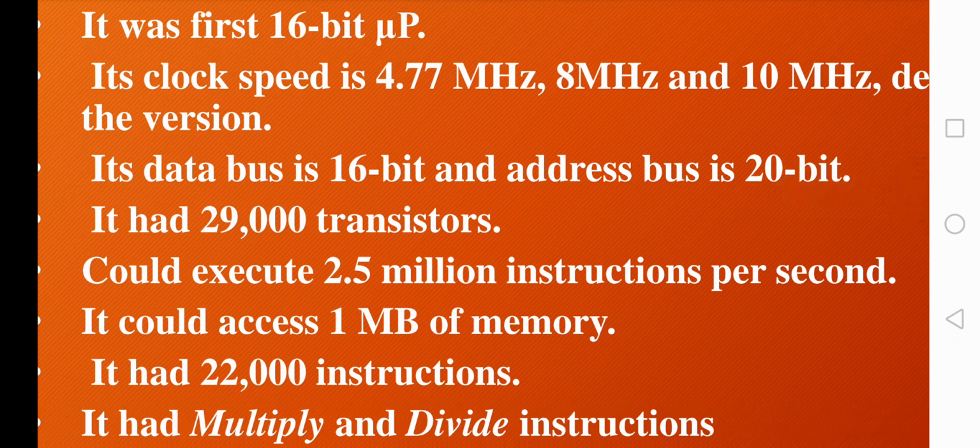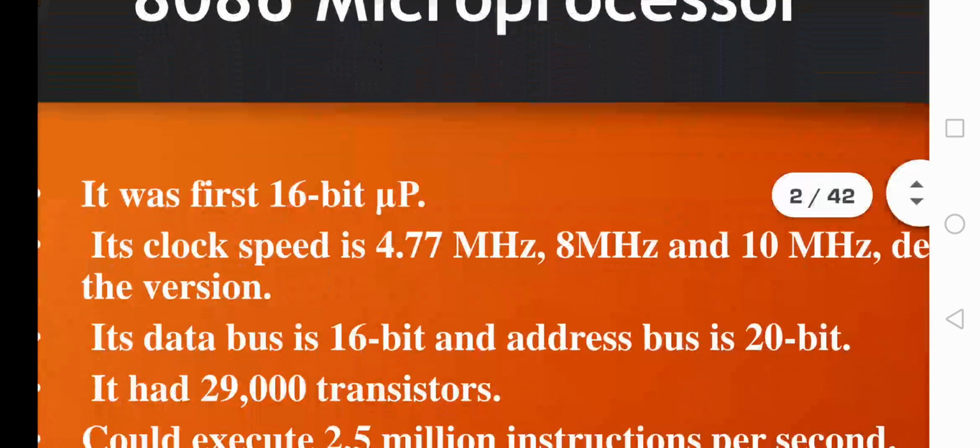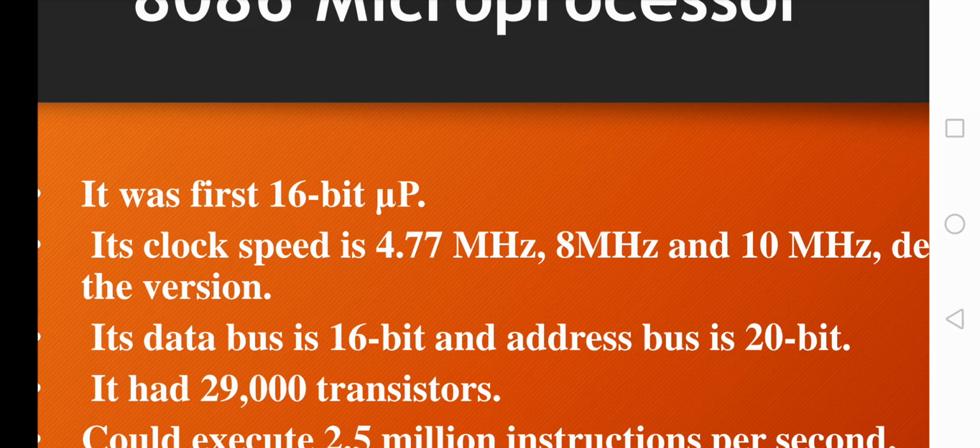For example, we say that the 8086 microprocessor is a 16-bit microprocessor. How are you able to say that? The only reason is that the data bus residing within the 8086 microprocessor is 16-bit. Through that particular data bus, 16 bits of data can be passed at a time.